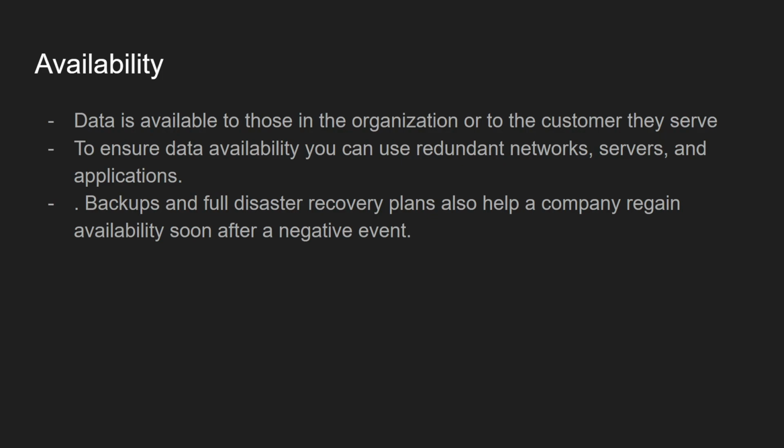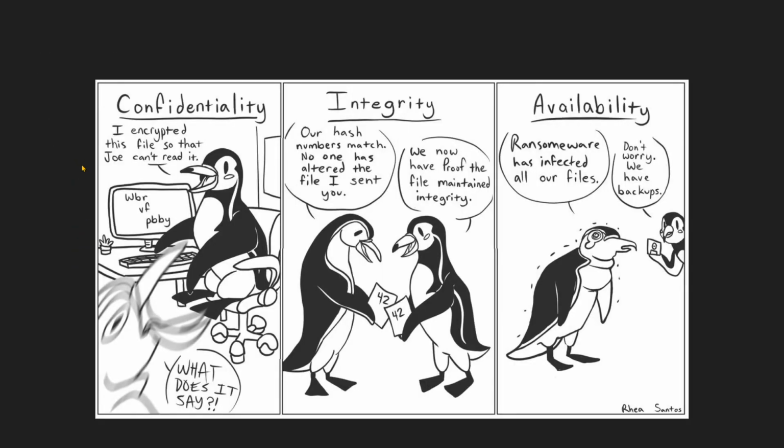And also, in case of massive events such as fires, earthquakes, or a power grid outage, backups are essential, and full disaster recovery plans also help a company regain availability as soon as possible after a negative event. We could have backups in case of a malicious event, like a malware attack.